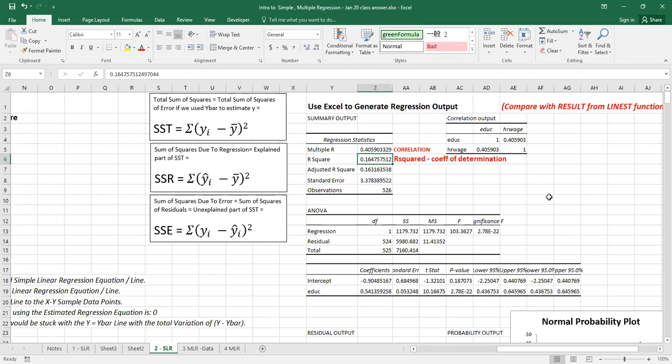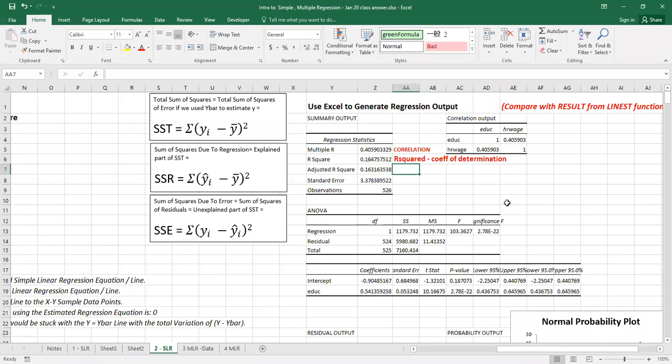So the remainder, more than 83%, cannot be explained by education. So there should be other variables we can use to explain it. Now this is called your adjusted R squared. We'll explain this later.